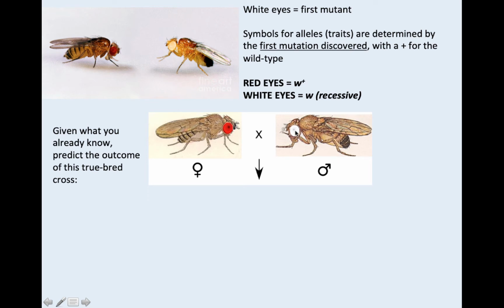White is recessive. Red is the normal wild type dominant. Cross these flies and see what happens. These are true bred, so this only has the gene causing red eyes and this only has the gene causing white eyes. All right, have a go, see what you come up with.